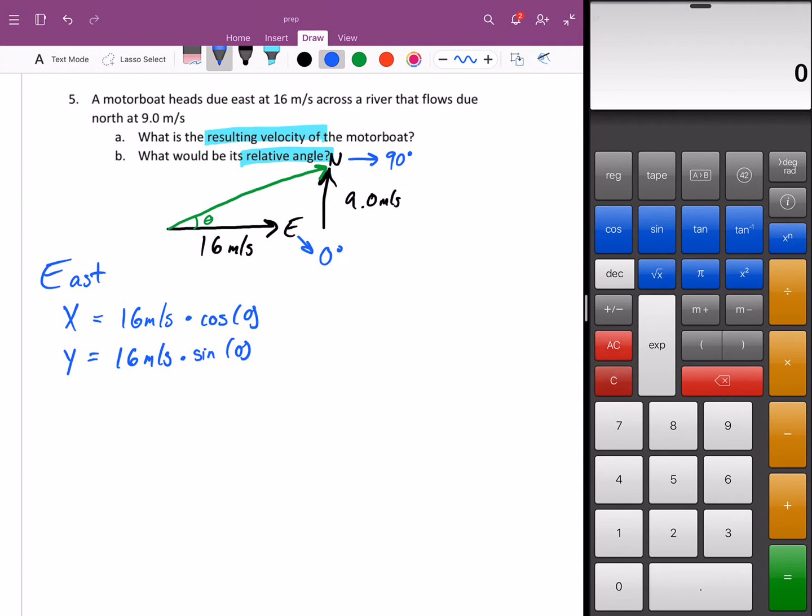Run this through the calculator. 0 cosine is 1 times 16, comes out to be 16 meters a second. Now let's run y. 0 sine equals 0 times 16. Returns 0. Now let's deem this to be x1 and y1 so we don't get confused later on.